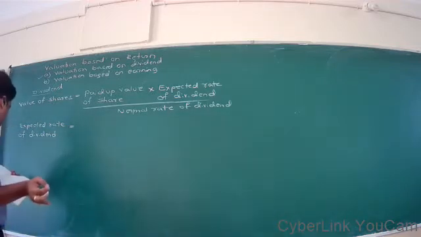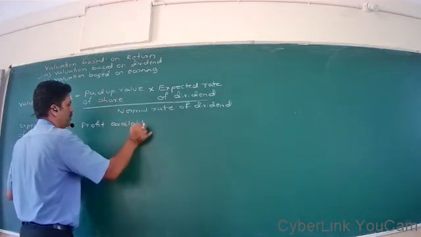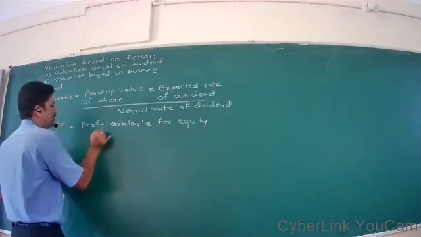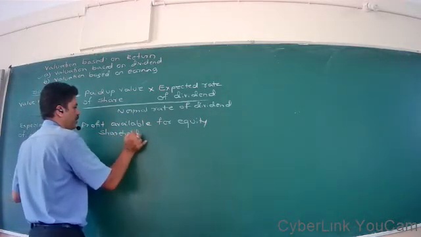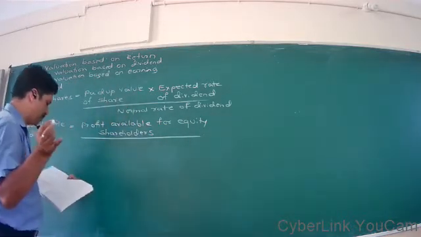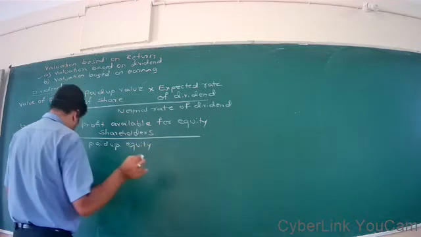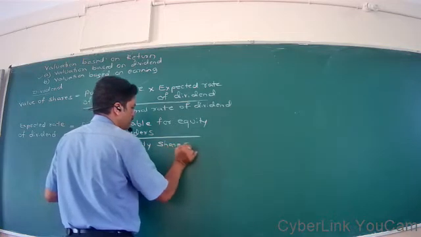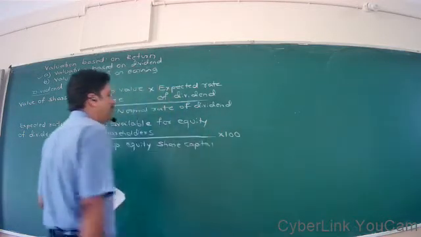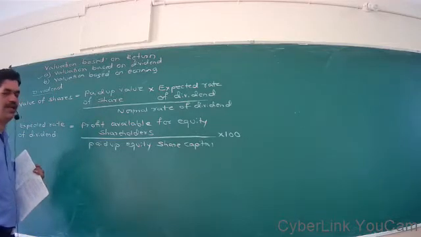The expected rate of dividend is equal to profit available for equity shareholders divided by paid up equity share capital into 100.